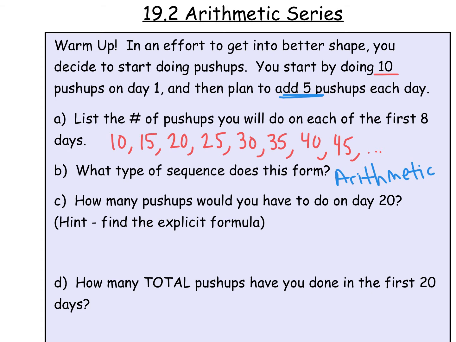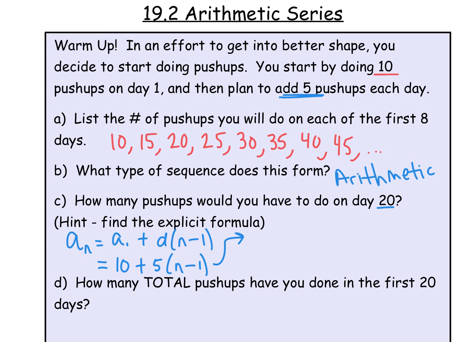Okay, so to find a specific term, given its location, the 20th term, we're going to need an explicit formula. Okay, so the explicit formula for arithmetic, as we've seen, this is still the old stuff, is always a1 plus d times n minus 1. Okay, so for this specific problem, the first term was 10, and we were adding 5, n minus 1 times.